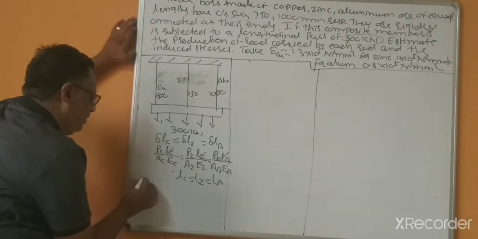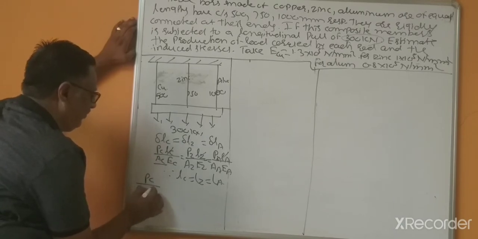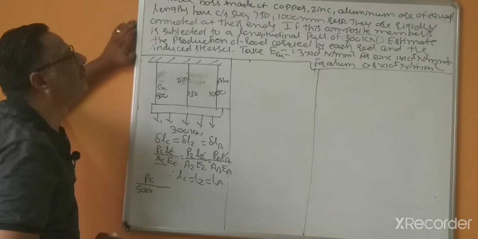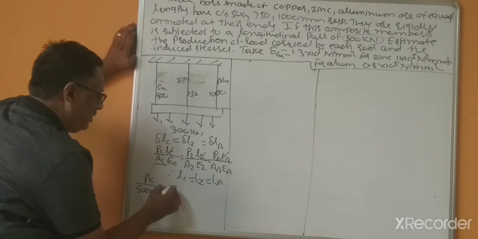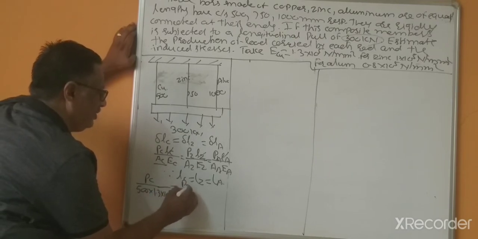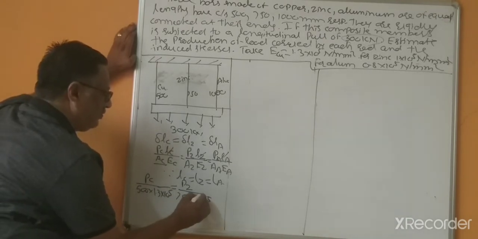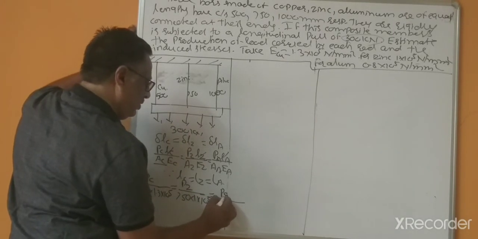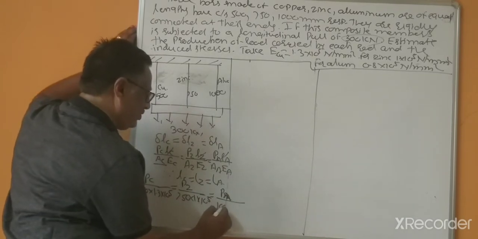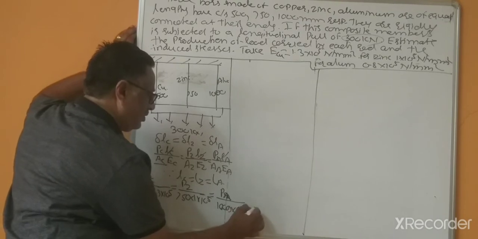Now PC, area of cross section 500, EC equal to 1.3 into 10 to the power 5, PZ 750 into 1 into 10 to the power 5, PA aluminium 1000 into 0.8 into 10 to the power 5.